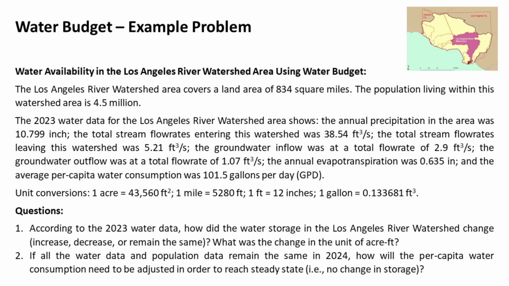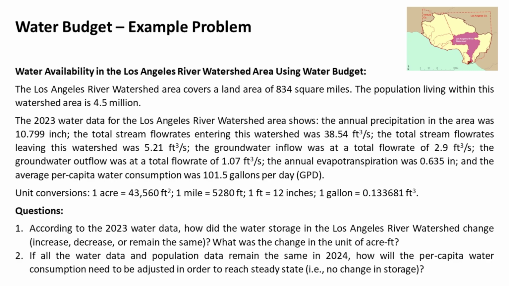The 2023 water data for the Los Angeles River watershed area shows the following. 1. The annual precipitation in the area was 10.799 inches. 2. The total stream flow rates entering this watershed was 38.54 cubic feet per second. 3. The total stream flow rates leaving this watershed was 5.21 cubic feet per second. 4.